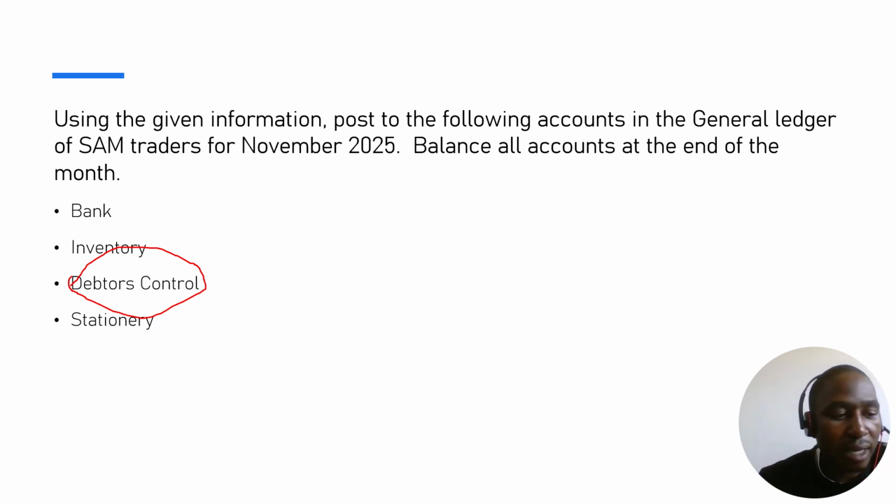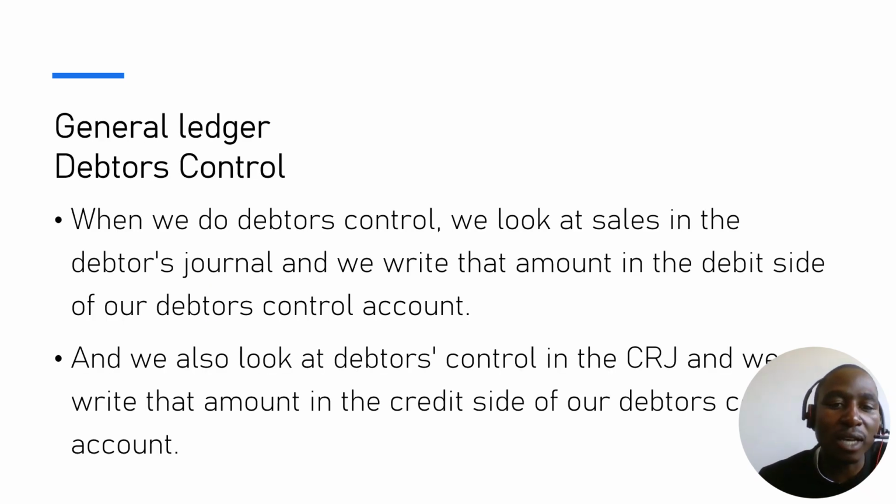Now, they are saying here, when we do debtors control, we look at sales in the debtors journal and we write that amount on the debit side of our debtors control, because the sales in the debtors journal stand for credit sales. So that is increasing our debtors control.